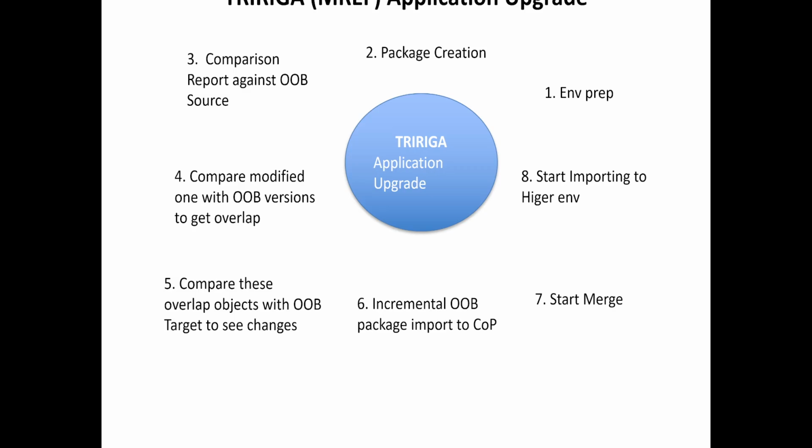Once you have these environments, we start creating packages. The second step is to create various object migration packages from your copy of production environment. Package creation can be based on object type: one package can be your business object package, another your forms package, and so on.